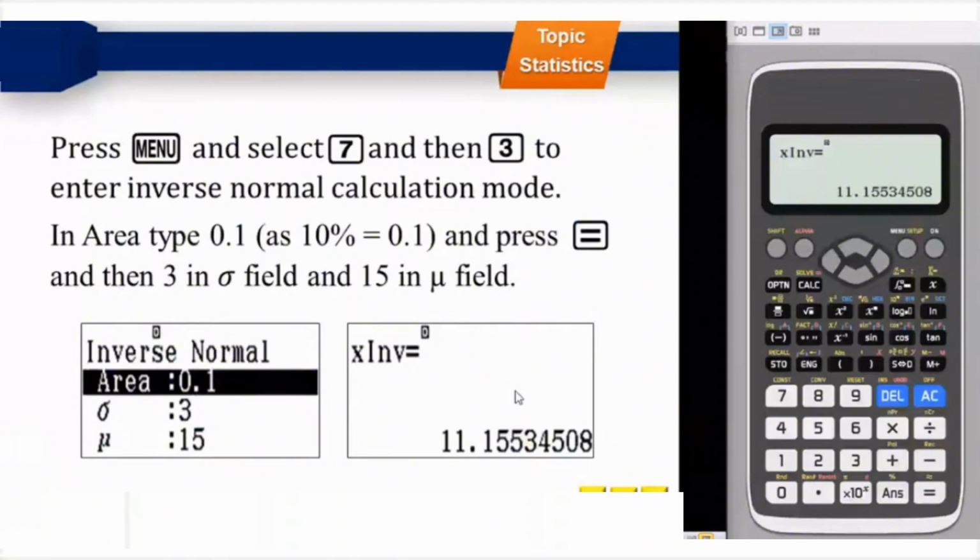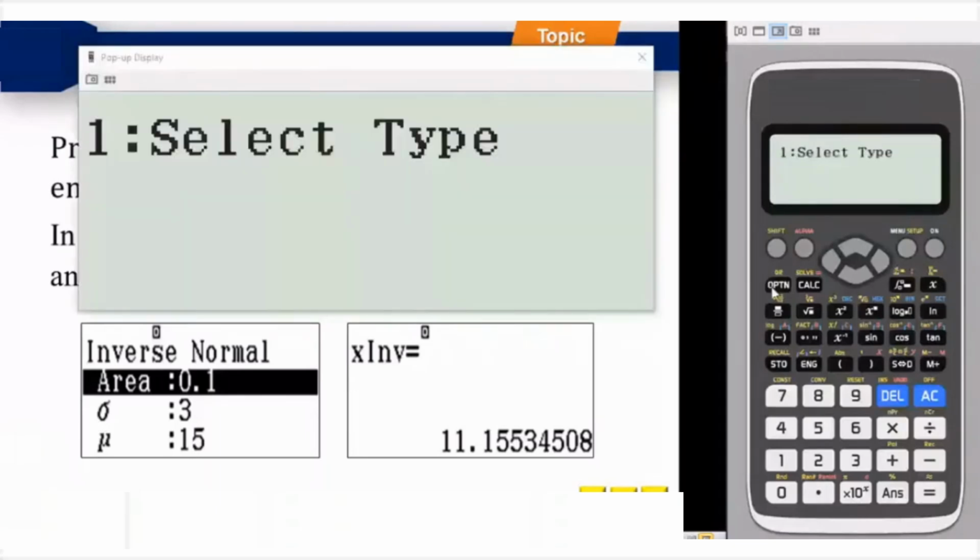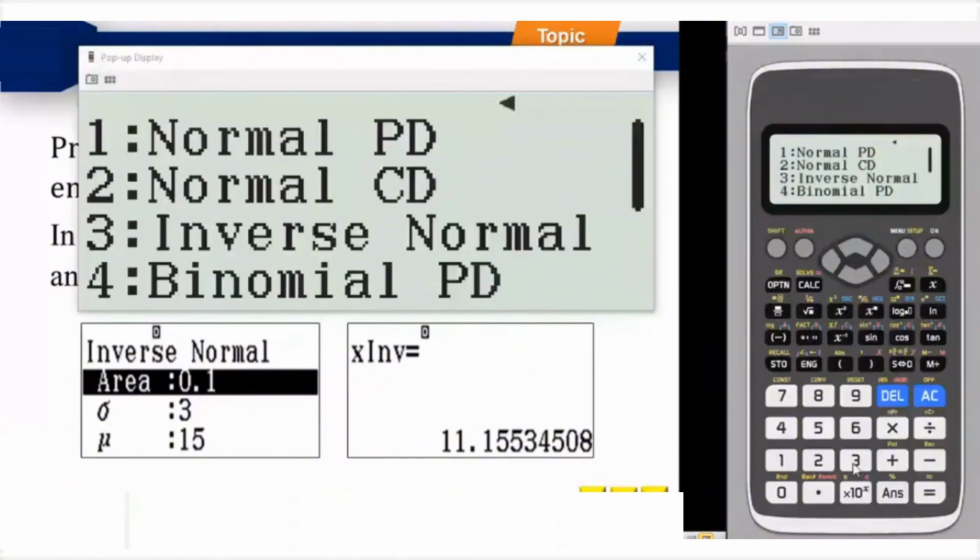So whenever you are given a particular probability in form of percentage, you need to convert it into decimal. Let's do another example. Let's say you were told 25% students passed the exam. So you will go to 3. 25% means 0.25.